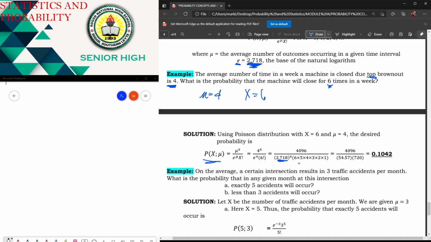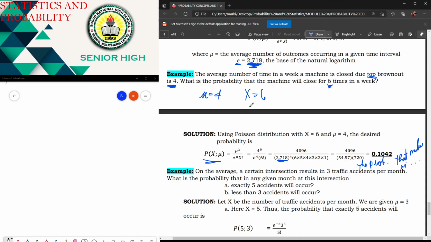Go back to 6 factorial: that is 6 times 5 times 4 times 3 times 2 times 1. Then simplify, that is 0.1042. So what is this? That is the probability that the machine will close 6 times in a week.